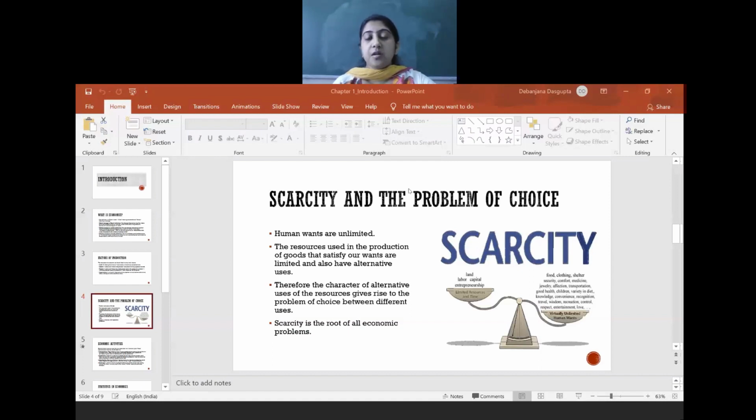Similarly, suppose a farmer has a particular piece of land. Again, he can grow, say, food crops or non-food crops. He has the choice of growing among food crops, and also so many different kinds of crops. So, which crop should he grow in that piece of land? Because that piece of land is fixed for the farmer. Now, he has different alternative ways in which he can use that land.